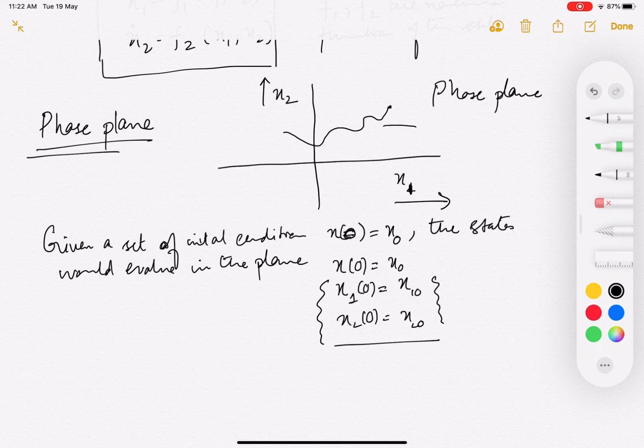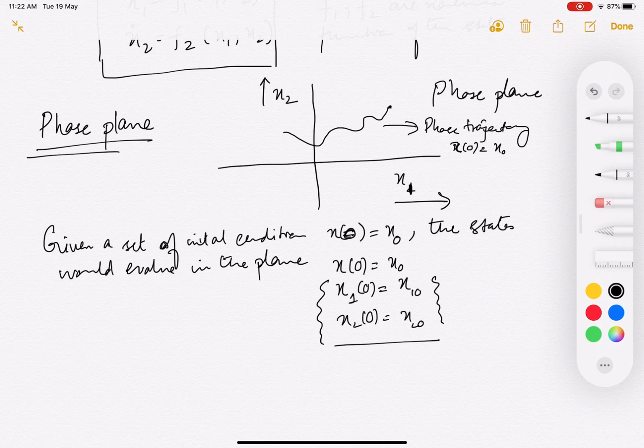This line is the phase trajectory for the initial condition x(0) = x0, right?